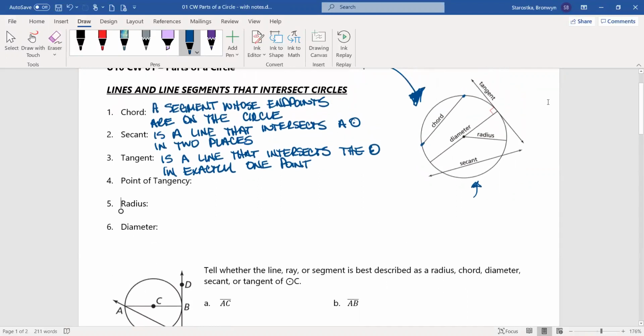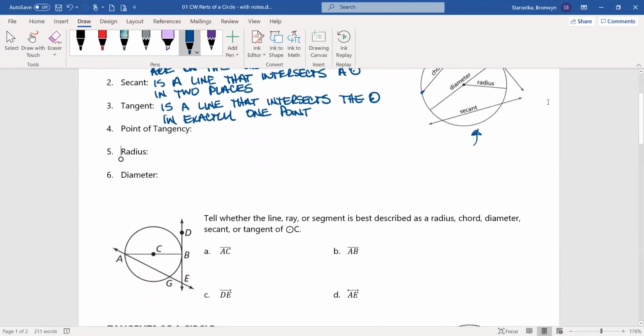And the point of tangency is the point where the tangent touches the circle.